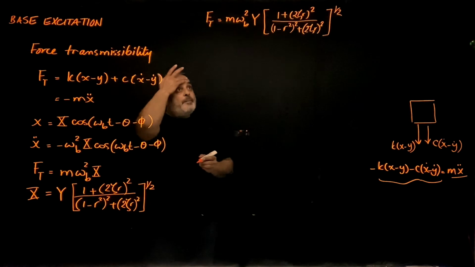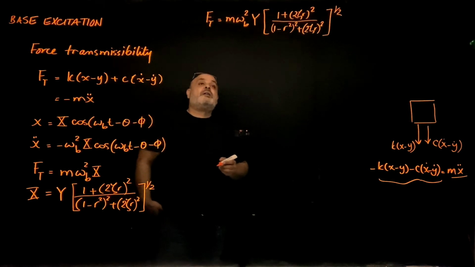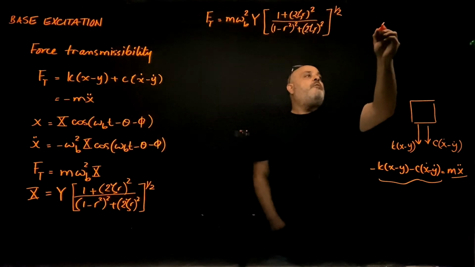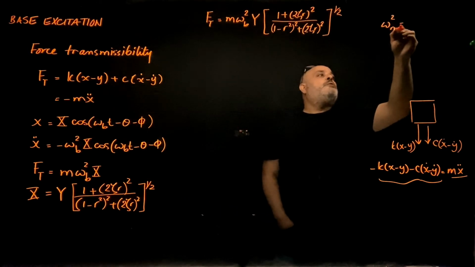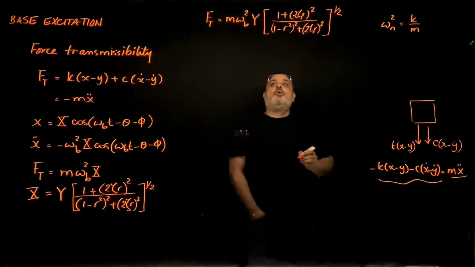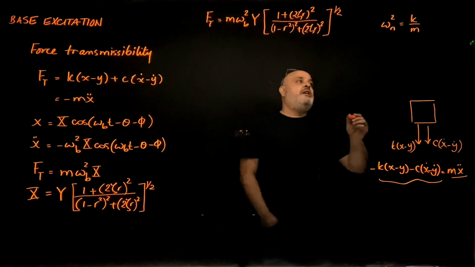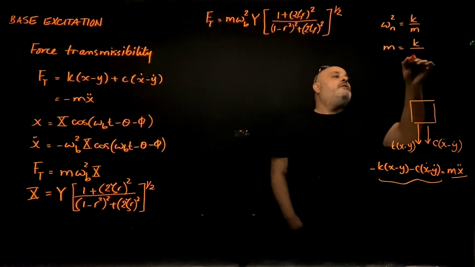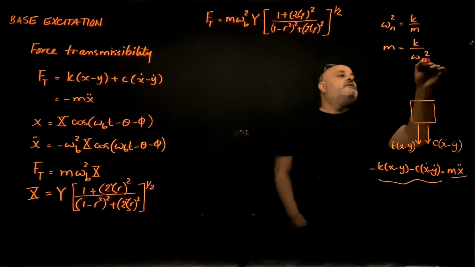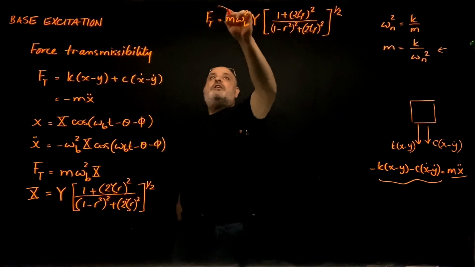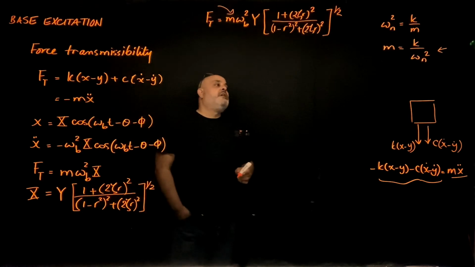Now, omega n squared equals k over m, which means that m is k divided by omega n squared. So let me use this and substitute for m over here. Okay.